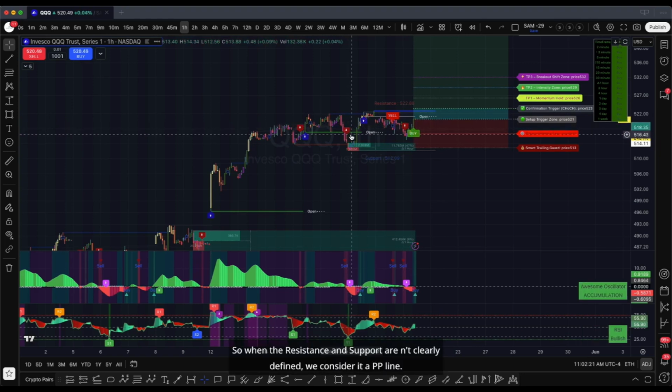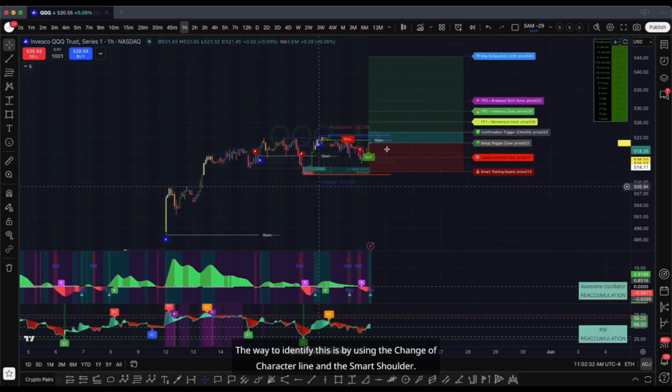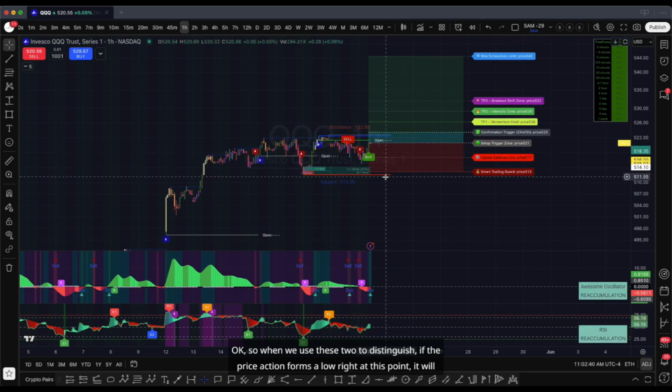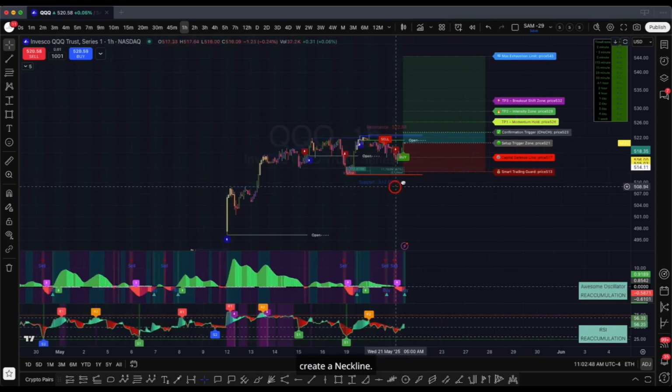Okay, so when the resistance and support aren't clearly defined, we consider it a PP line. A PP line means that the trend hasn't become clear yet. The way to identify this is by using the change of character line and the smart shoulder. Okay, so when we use these two to distinguish, if the price action forms a low right at this point, it will create a neckline.